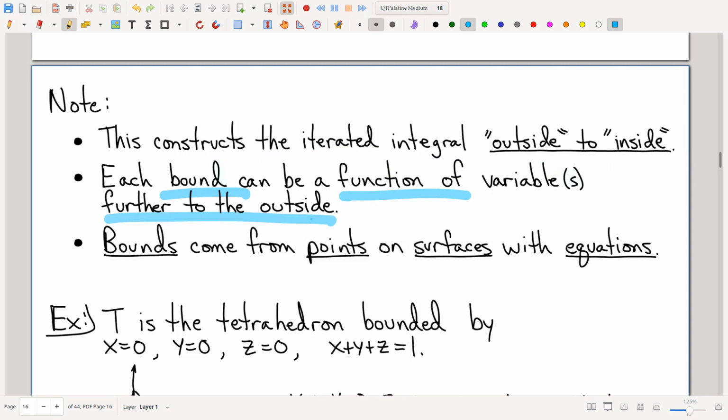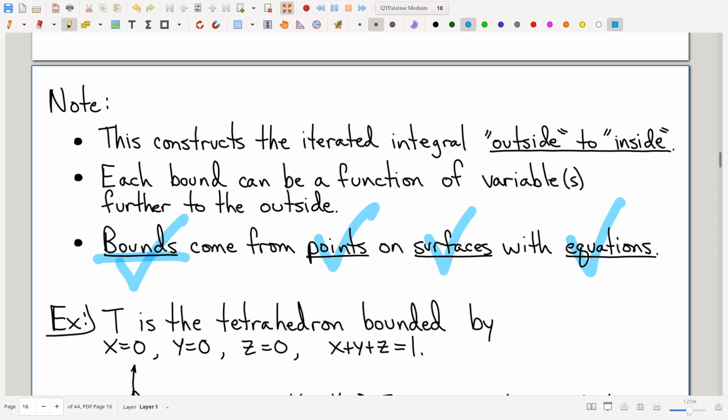And if you want to know what those bounds are, identify the relevant points on the picture. Got to have a picture. Those points are on certain geometric objects. With double integrals, it was curves. Now it's surfaces, because we're in space. Those surfaces will have certain equations, and then you just solve for whichever variable it is you want to find the corresponding bound of.